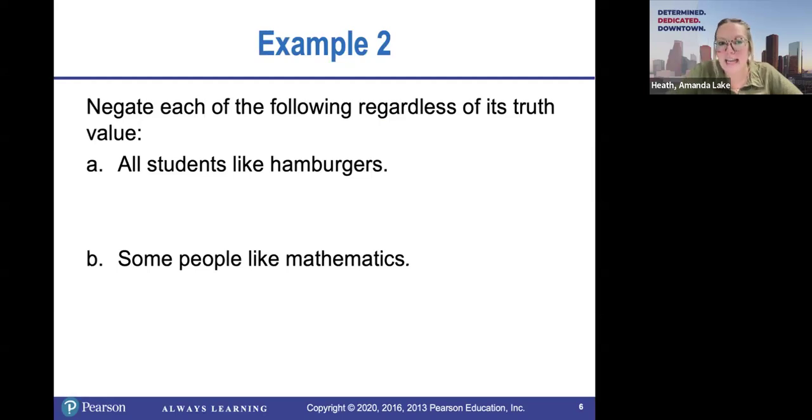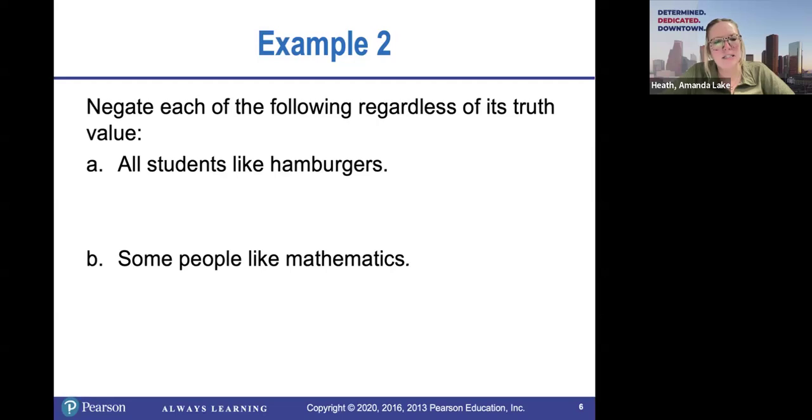When we want to negate existential or universal quantifiers, we have to think about what it means to have the opposite of something. So all students like hamburgers. So the opposite or the negation of all students like hamburgers. Take a moment, maybe pause the video, think about what the negation of that statement might be.